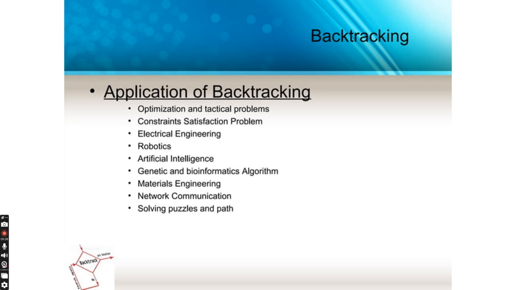Various applications of the backtracking algorithm are optimization and tactical problems, constraint satisfaction problems, electrical engineering problems, robotics, artificial intelligence, genetic and bioinformatic algorithms, material engineering, network communication, solving puzzles and paths. So in these areas we can apply the backtracking technique.